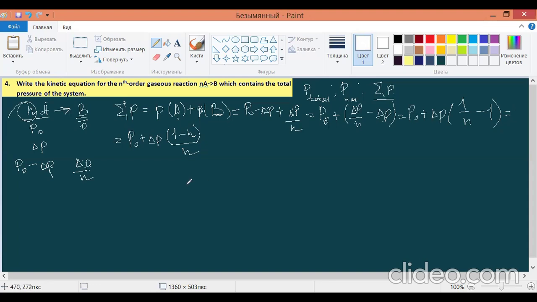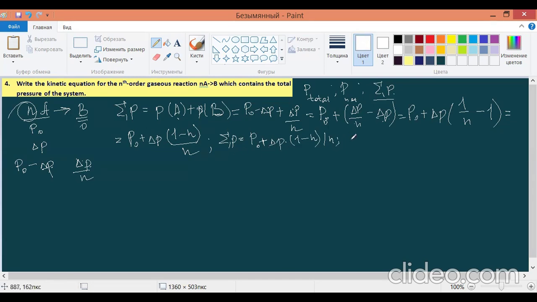Okay, but I need delta P. So let me rewrite this equation. So sigma P is equal to P sub 0 plus delta P times 1 minus n over n, right?